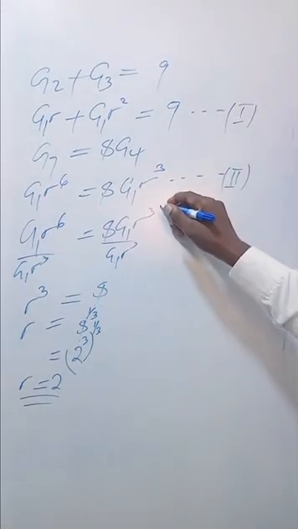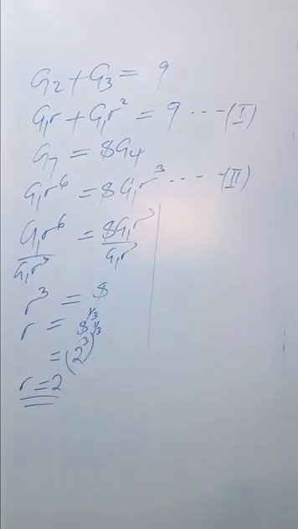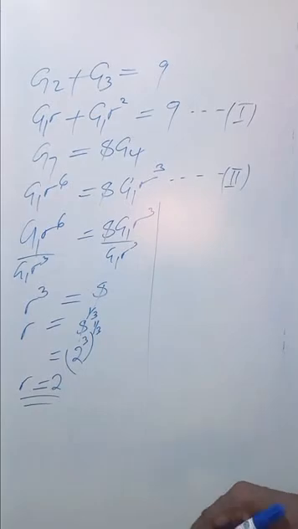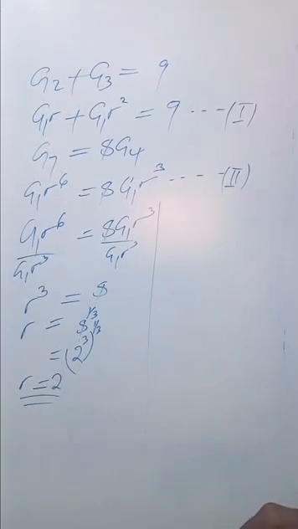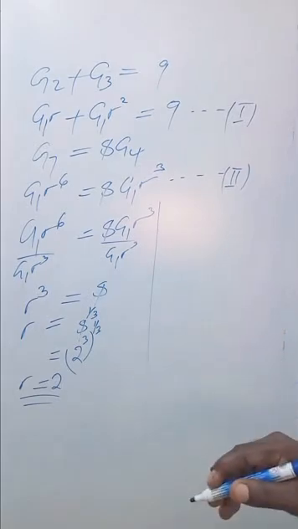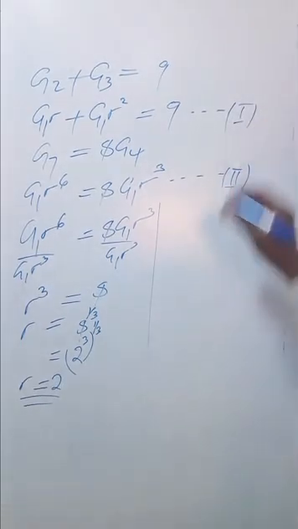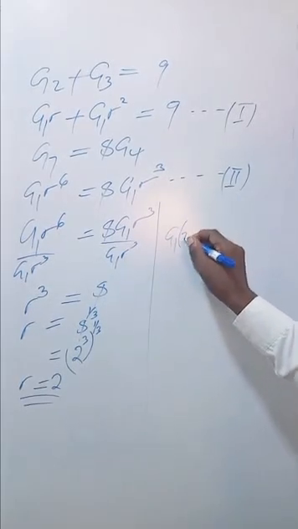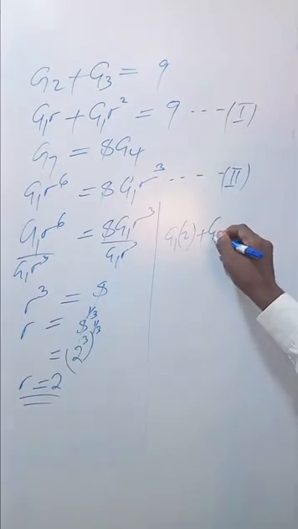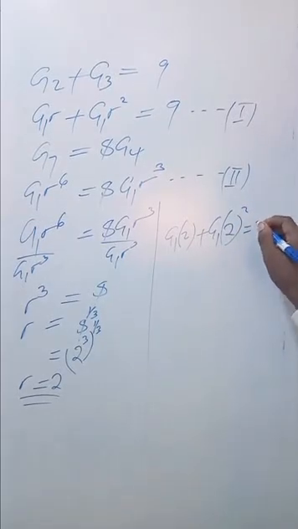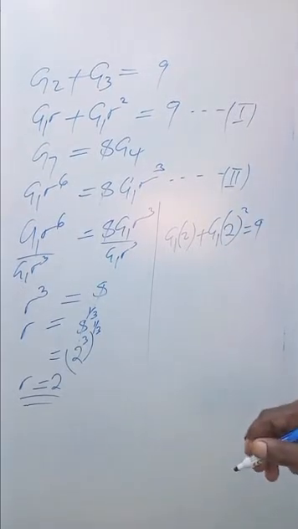So if that's the value for our R, which equation can we use to get the value of G1? Since we have got the value of R from equation number 2, let's use R equals 2 in equation number 1, where we shall have G1 times 2, plus G1 times 2 raised to power 2, to give us 9.